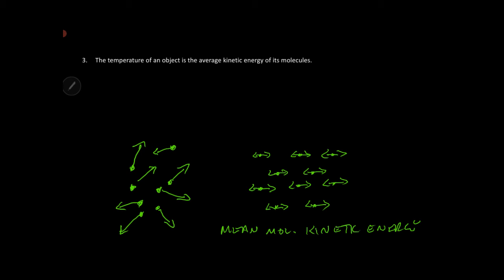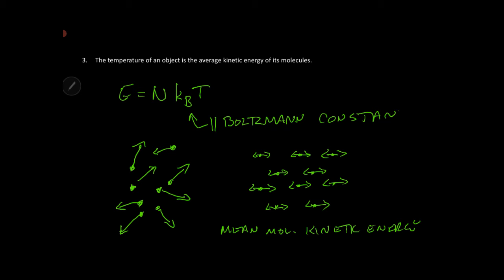Okay, so let's say that E is equal to N times kB T. This is the Boltzmann constant, which I forget right now.